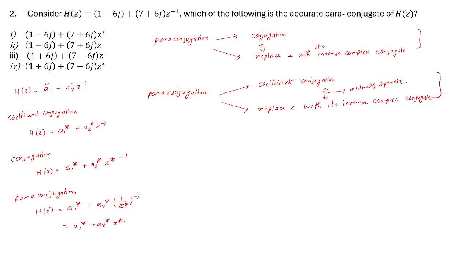So for the problem, the question in the given problem, Hz is given as 1 minus 6j plus 7 plus 6j z inverse.